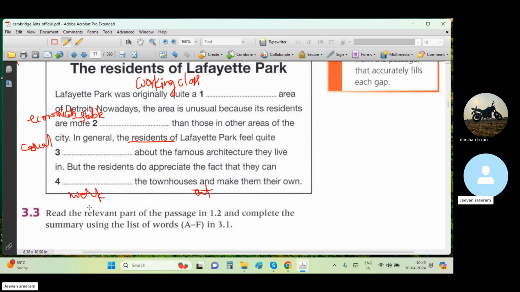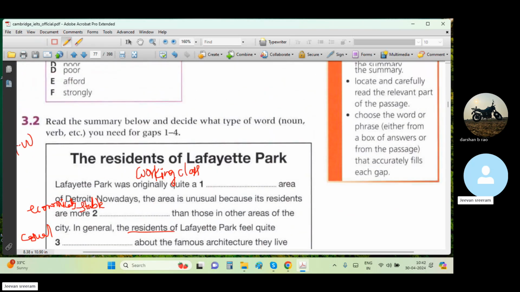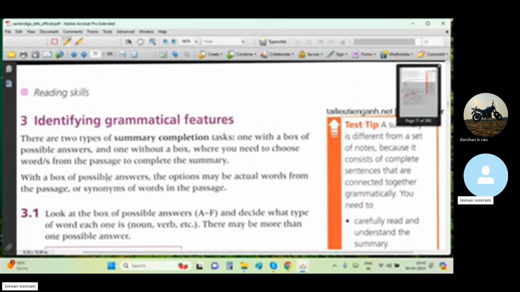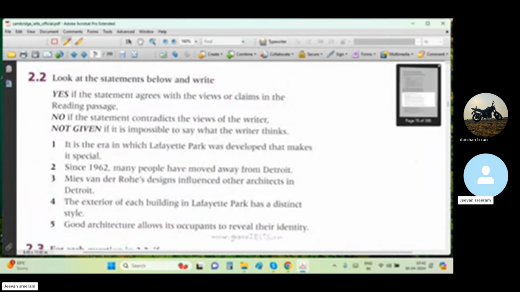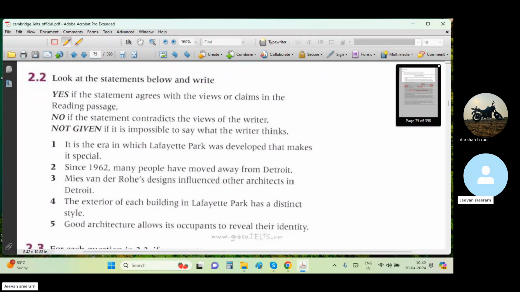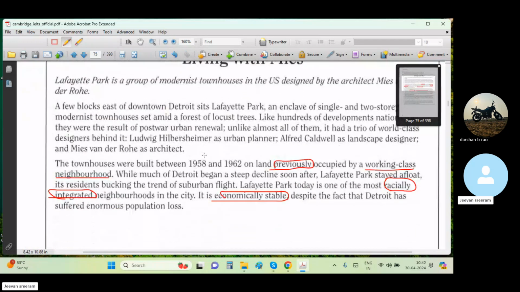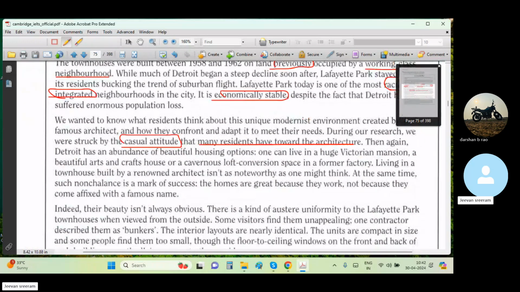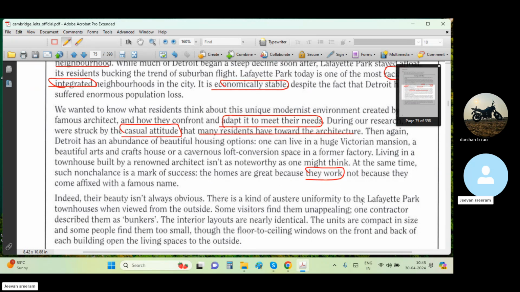They can actually change them, adapt them as per their wish, no? Adapt it to meet their requirements. They make them work for them, right?